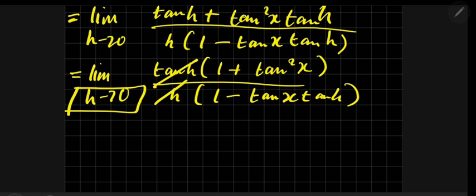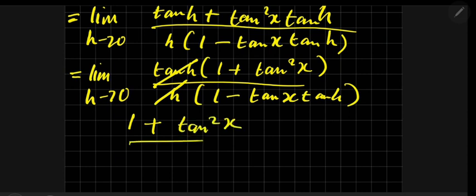So we now replace h with 0. Then we'll have 1 plus tan squared x. We can now use the dy dx because now we have enough space.